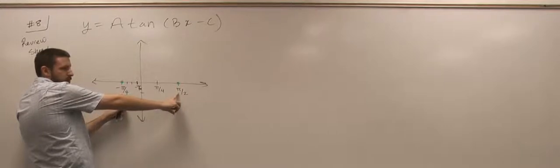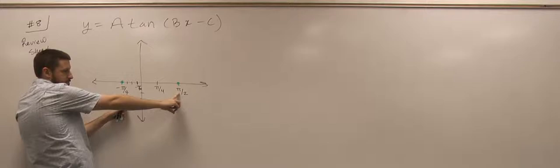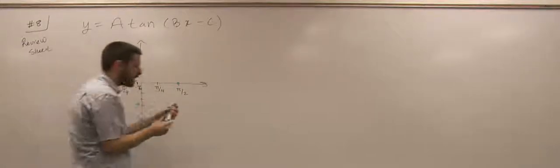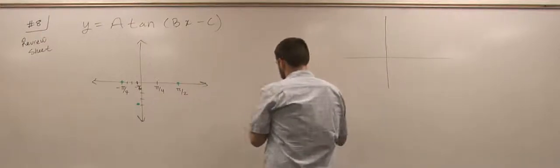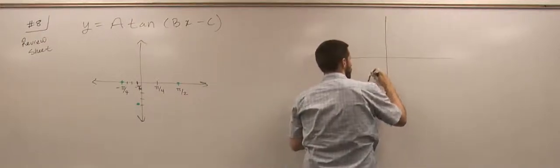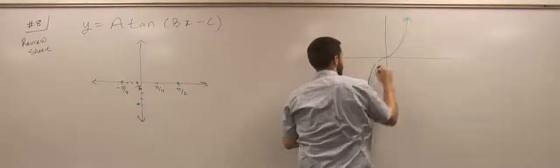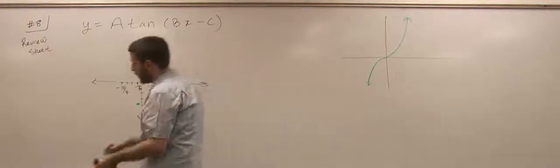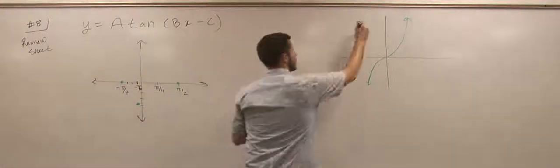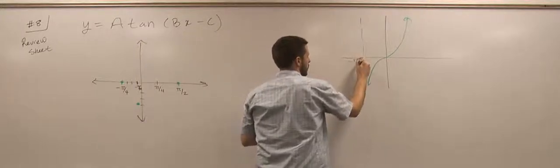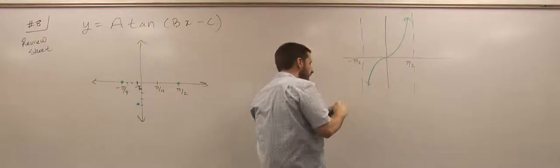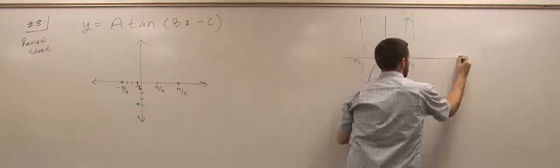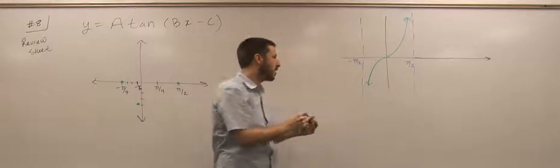This has got to be one period. Why is this one period of my tangent function? Because of the x-intercepts. Because it repeated, right? If you look at the regular tangent graph, the original tangent graph is a snake with asymptotes at pi over 2 and negative pi over 2. Where does the next snake start?